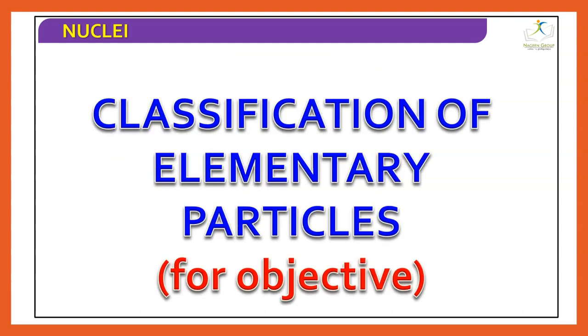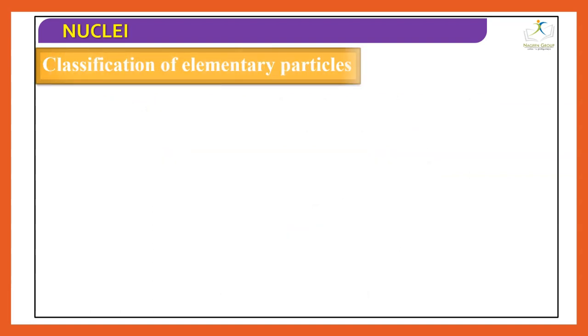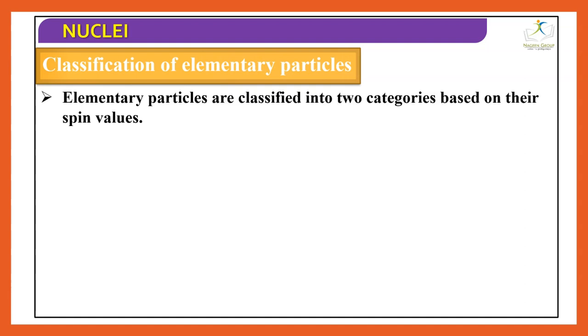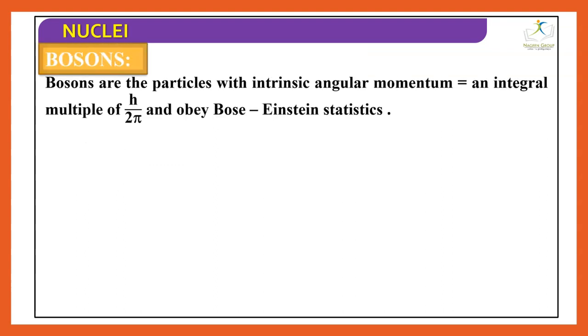Classification of elementary particles. Elementary particles are classified into two categories according to their spin value: bosons and fermions. Bosons are particles with intrinsic angular momentum equal to an integral multiple of h by 2 pi, and they obey Bose-Einstein statistics.